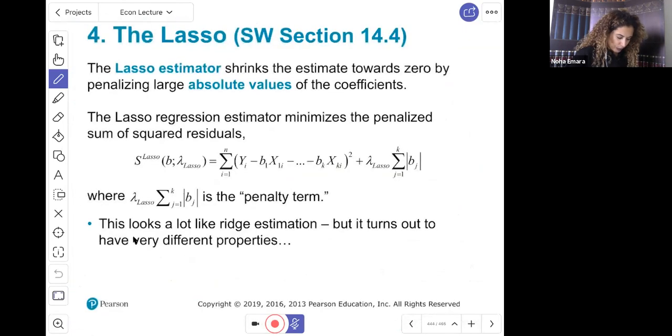Again, we're going to go into the same idea, but with the lasso, it has one thing that is different. The lasso estimator does not only shrink the value of the beta, but it also discards the x's that you don't need in the model.